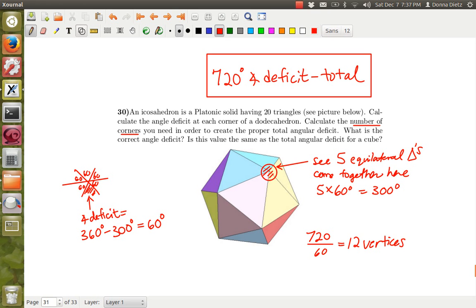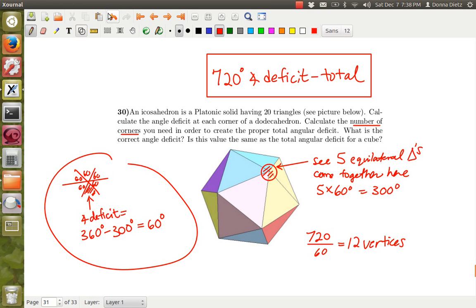The other thing I could have done is I could have given you the picture of the icosahedron that is see-through, and I could have given you the instructions: count all the vertices, then using that information figure out what the angle deficit is per vertex. In that case, you would not have found the angle deficit using this mechanism.